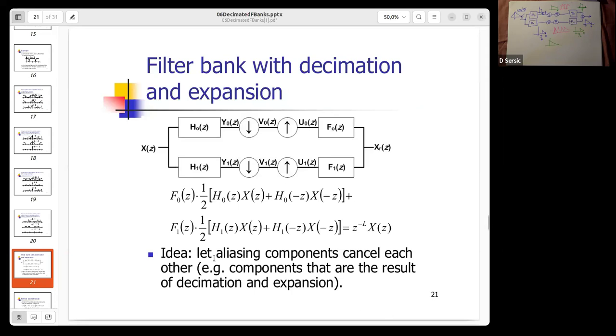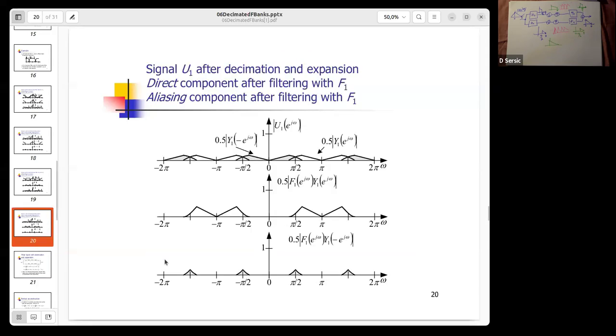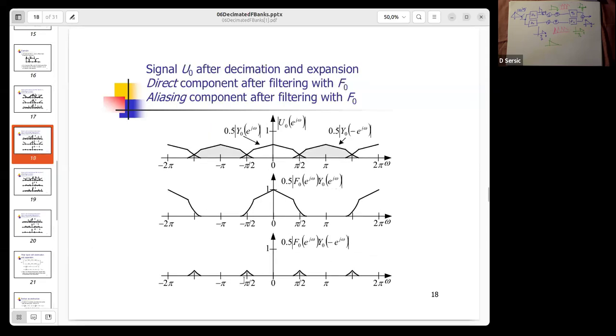Only if we achieve that the two aliasing components cancel each other. So if we achieve that the gray part, look, this is the high pass filter, and this is the aliasing part. These are the aliasing parts of the high pass filter. Now I'm going back a couple of slides. Here, this is the aliasing part of the low pass filter.